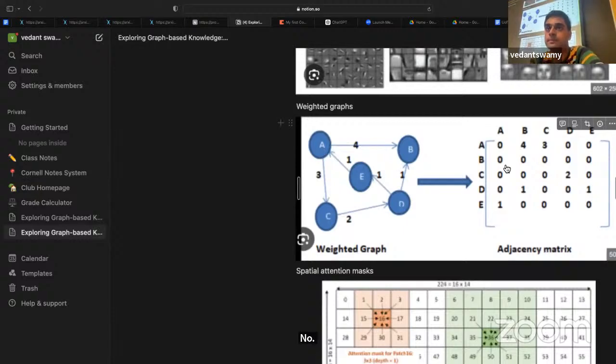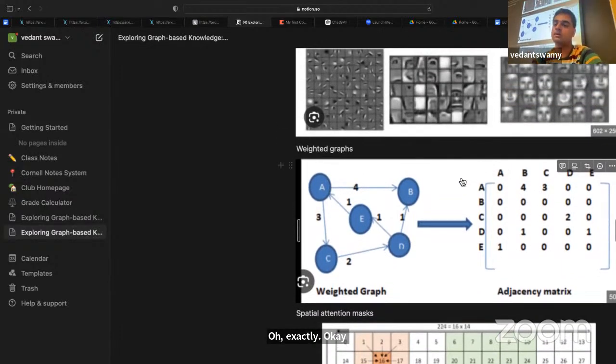Sure. How exactly does finding the eigenvalues help us? So a matrix that is symmetric, you can perform an eigenvalue decomposition in order to get the eigenvalues, right?